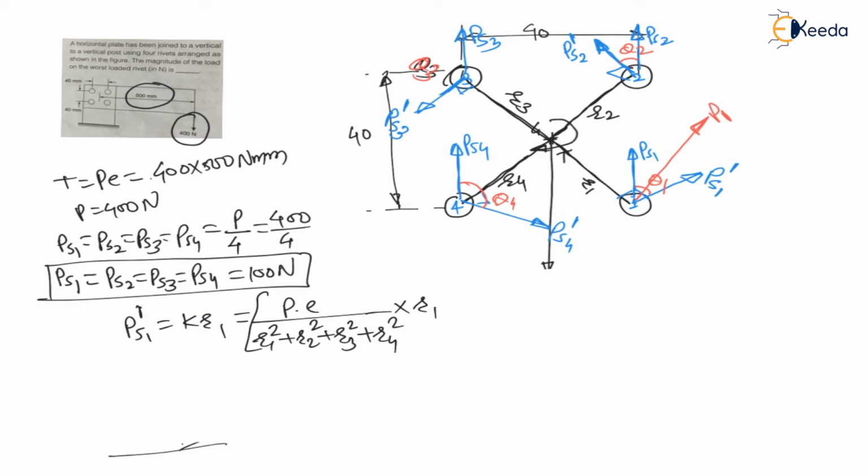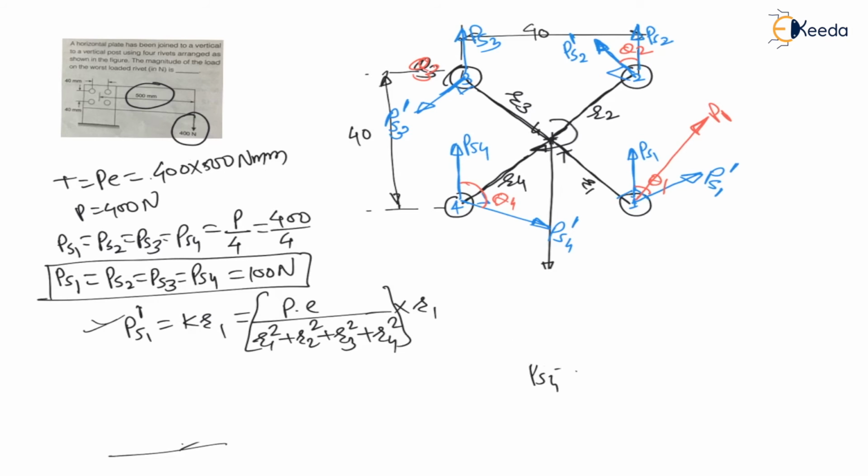This is the K value which is constant. If I want to find PS2 dash, it is nothing but K R2, PS3 dash is equal to K R3, and PS4 dash is equal to K R4. But we know that rivet 1 is critically loaded, therefore we will find PS1 dash only, because we have to find the resultant load in the critically loaded rivet only.